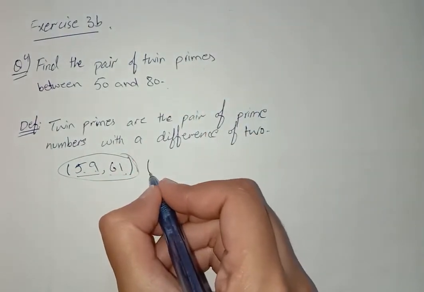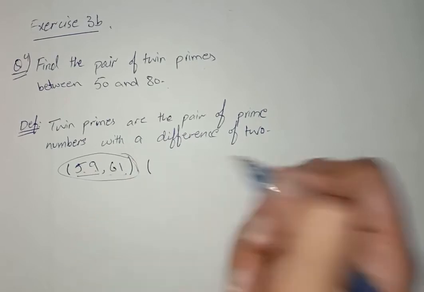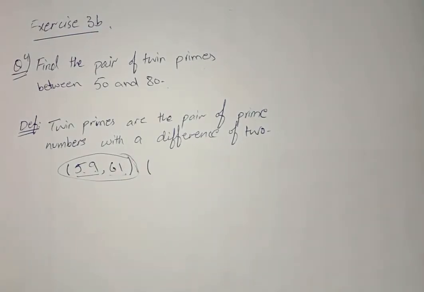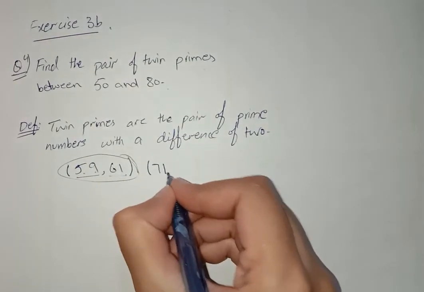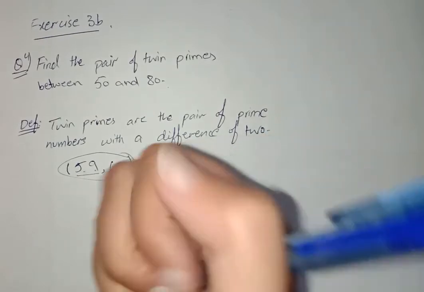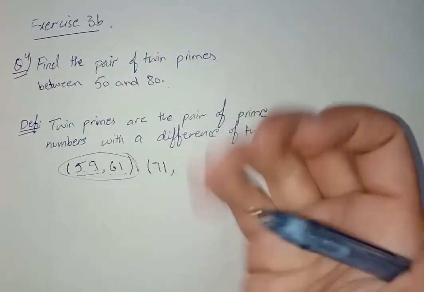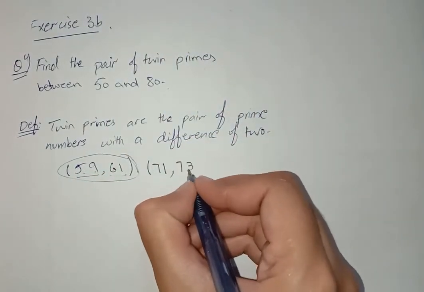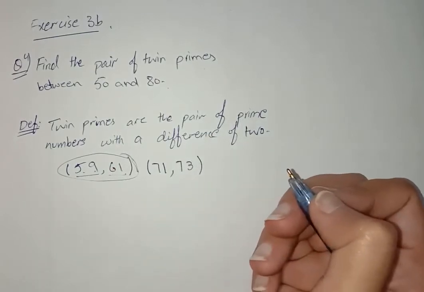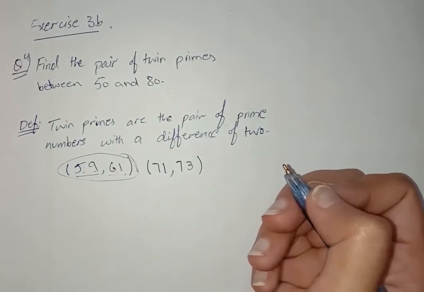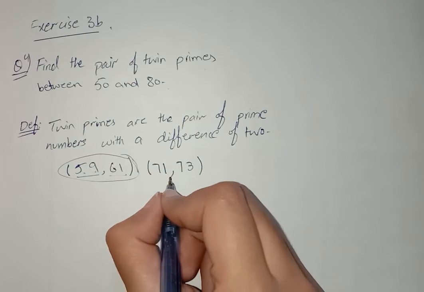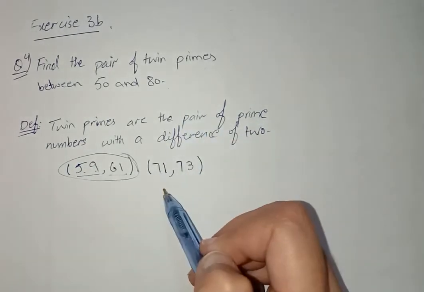Next, we have to find the next prime number. 71 is a prime number, 72, 73. 73 is also prime. These are the two examples, or the solution, of this question.